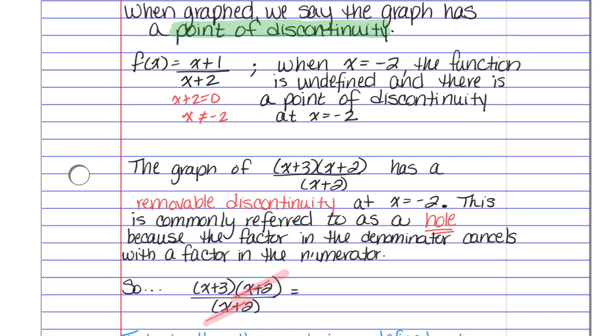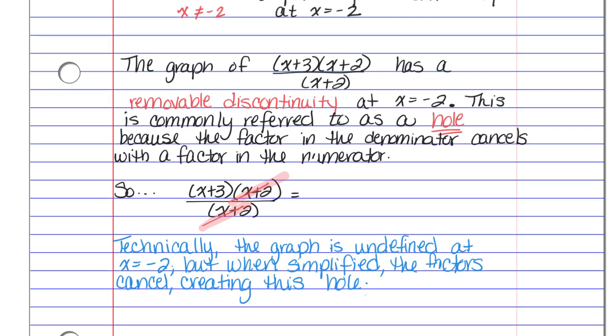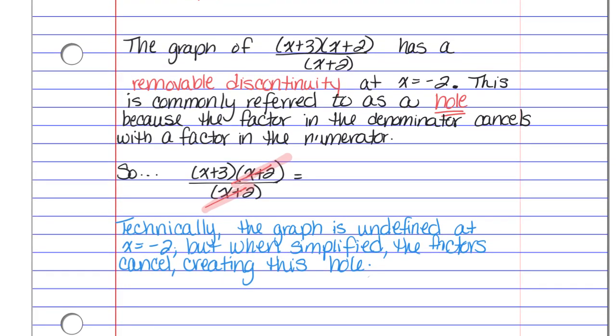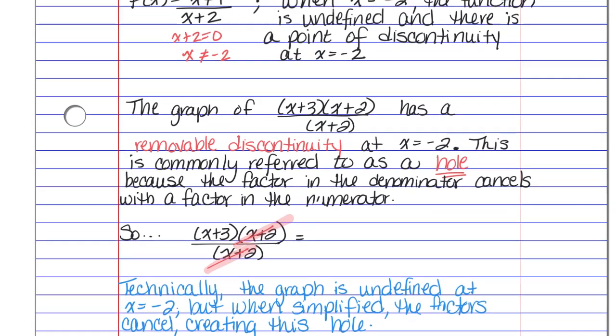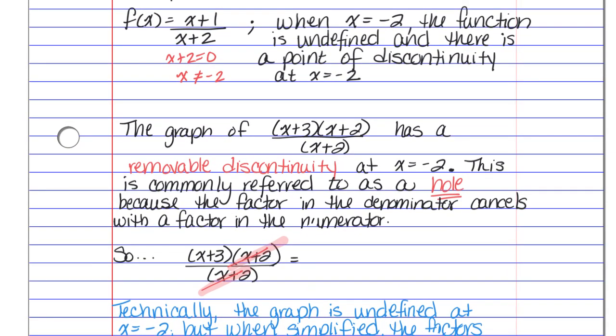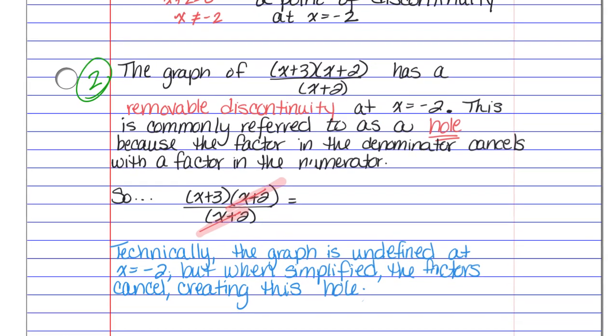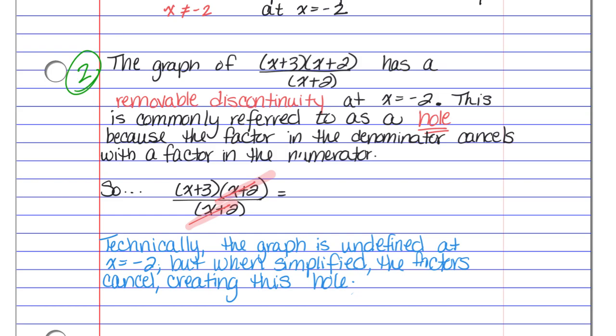The graph x plus 3 times x plus 2 divided by x plus 2 has what we call a removable discontinuity. Unlike the previous example, where there are no factors that can be canceled, in my second example I have the factors x plus 2 that can be canceled. Now, that's still considered a point of discontinuity because I do set my denominator equal to 0.